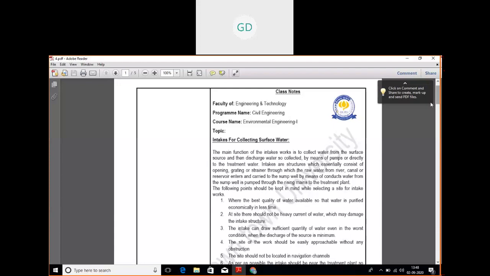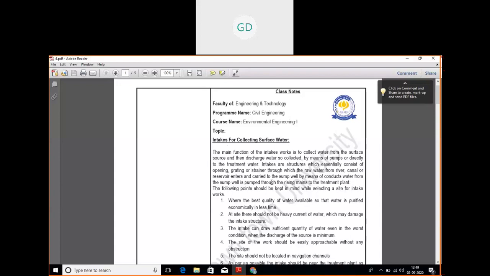Here it is written: the main function of the intake work is to collect water from the surface source and then discharge the water so collected by means of pumps or directly to the treatment plant. So the main function of the intake is to collect the water from the source and then discharge it to the conduit.